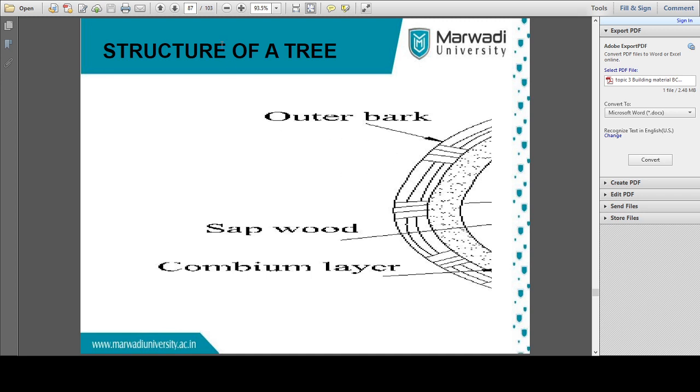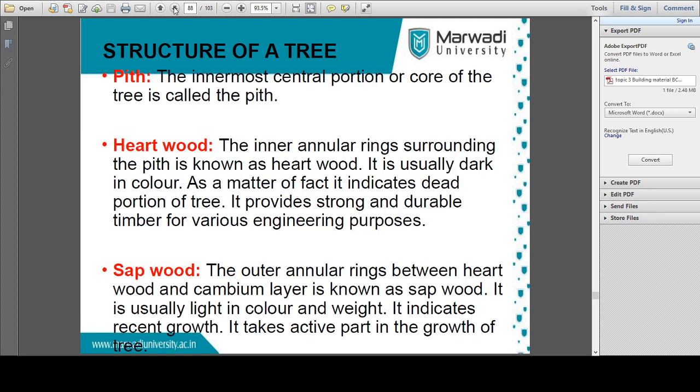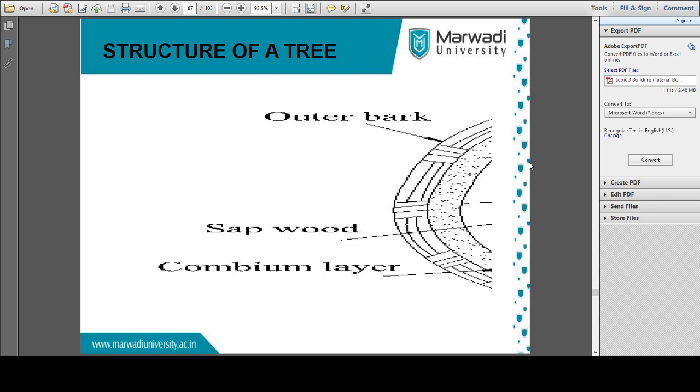This is the structure of timber that we have all learned. Actually, this is not available in good shape, so I can search for it on Google: timber cross section.